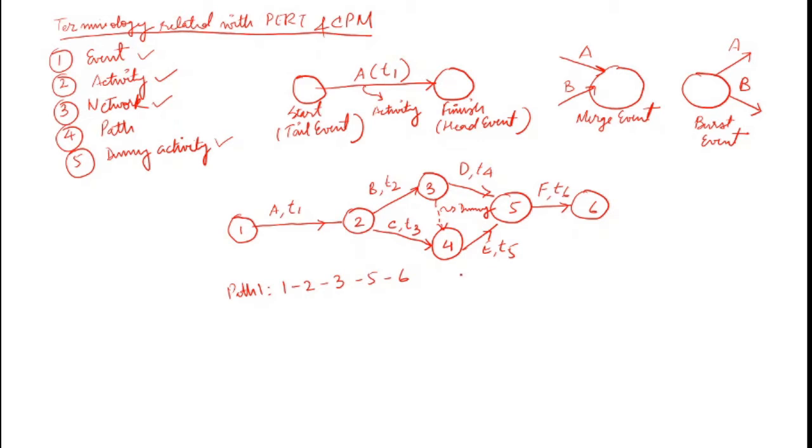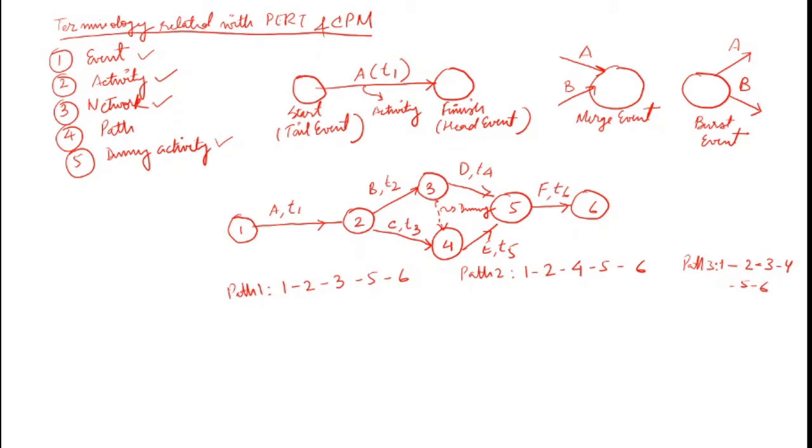There can be path 2, which can be 1, 2, 4, 5, 6, and there can be a path 3 also, which can be 1, 2, 3, 4, 5 and 6.